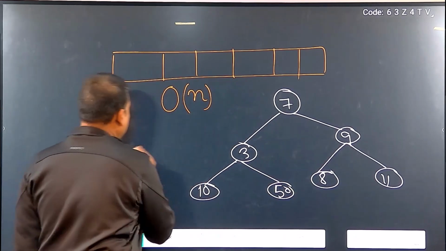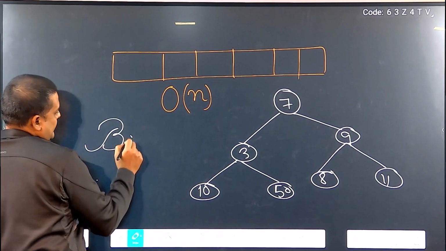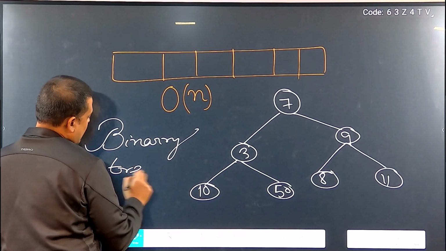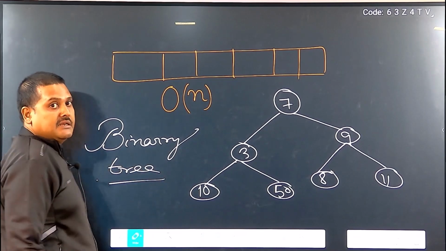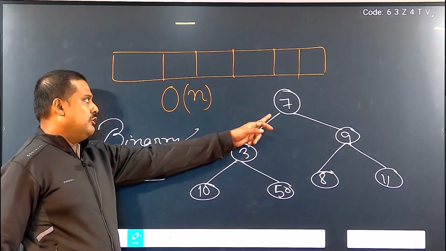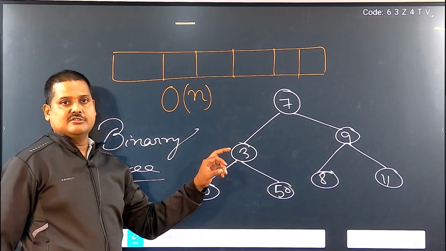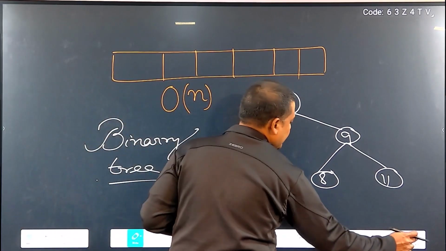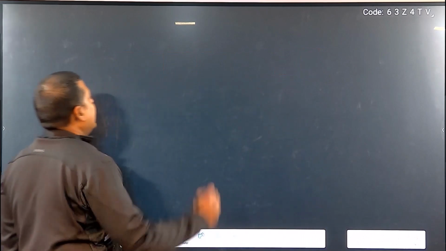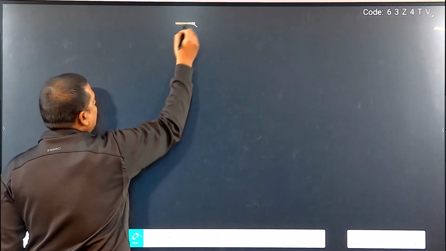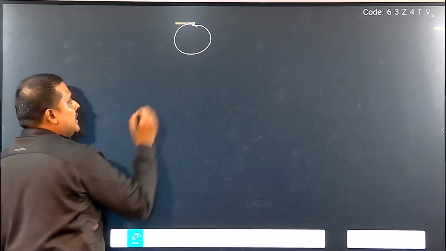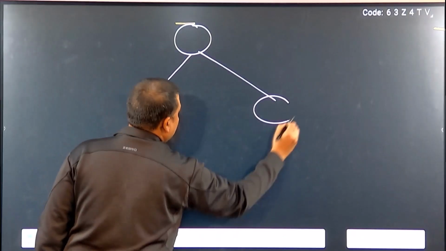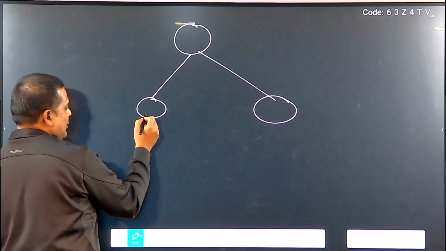When one node has only two different children, it is called a binary tree, with a left node and a right node.